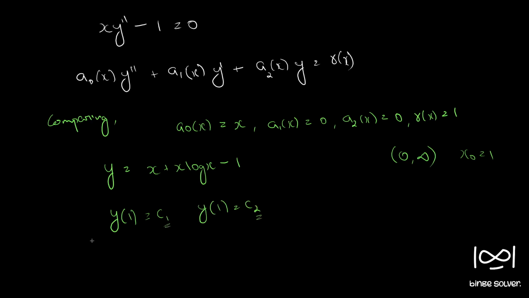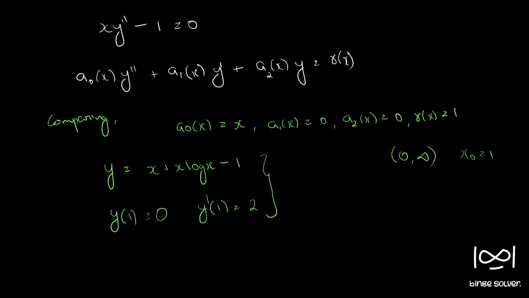This c1 and c2, as in the question, are given as y of 1 equal to 0 and y dash 1 equal to 2. So the solution satisfies these initial values, and in the interval 0 to infinity these functions are continuous.